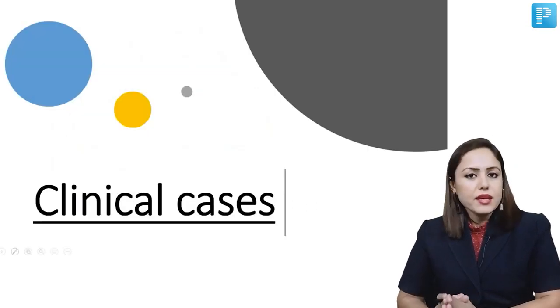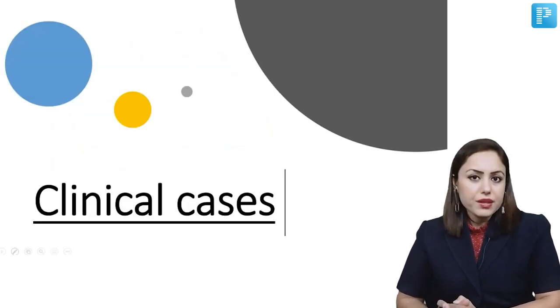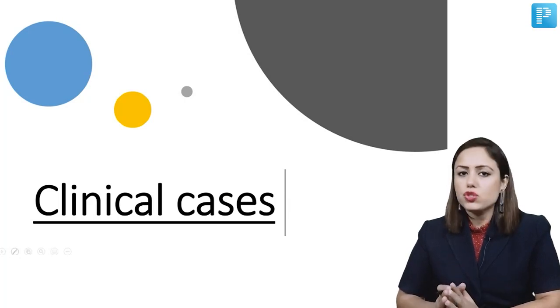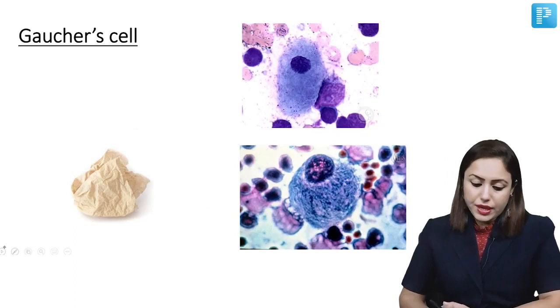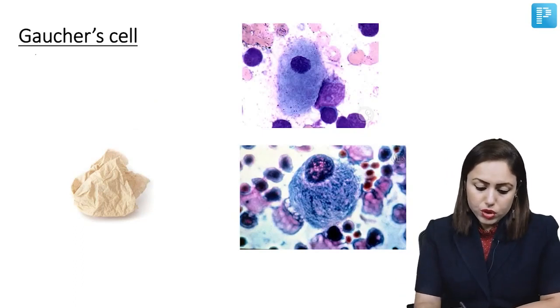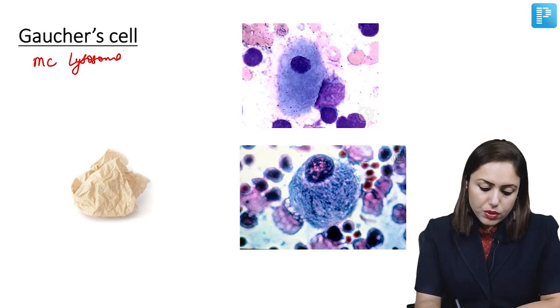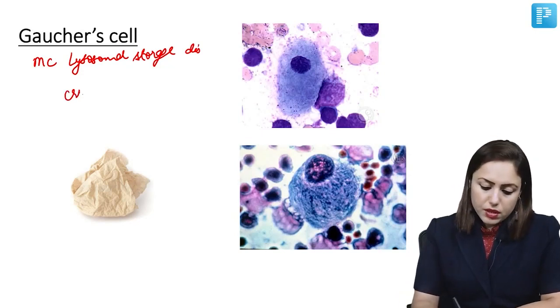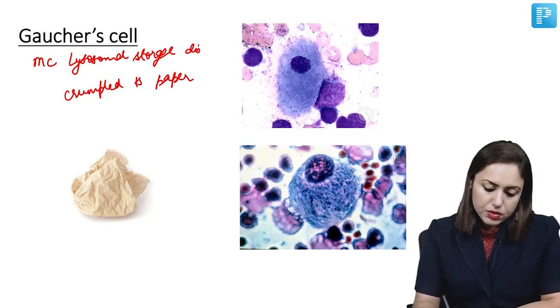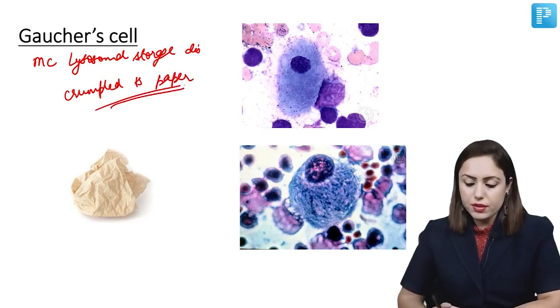Then let's see some images required for your clinical cases, some histo images or patient images here, right? So Gaucher's disease. Gaucher's disease is most common lysosomal storage disease, and the peculiar feature here is crumpled tissue paper appearance of this Gaucher's cell.